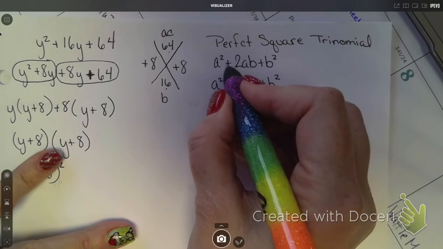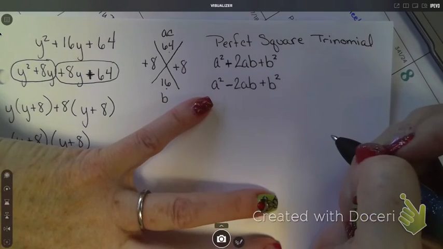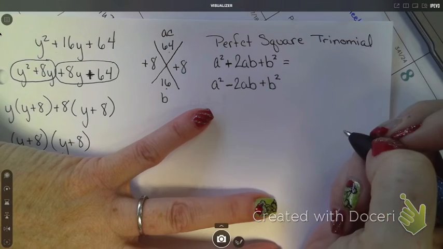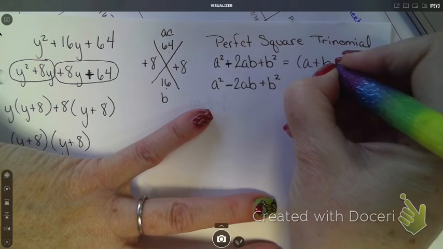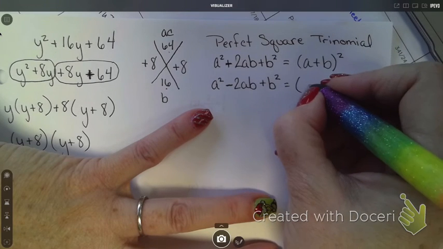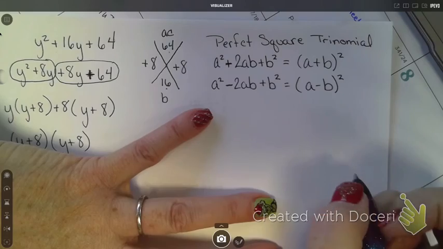So it could be plus or minus in the middle. This would factor into a plus b squared. And this would factor into a minus b squared.